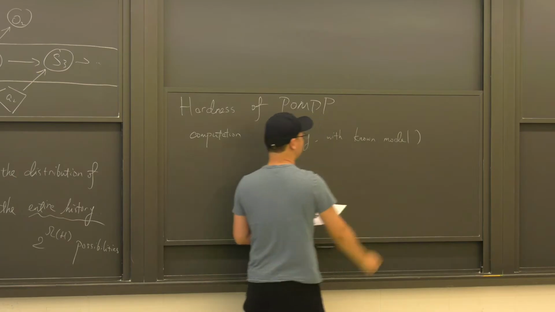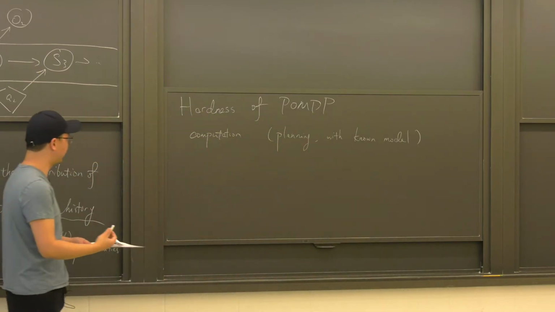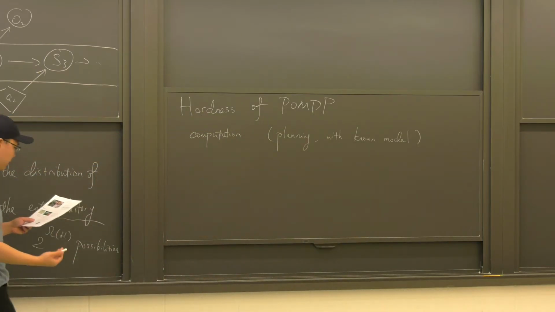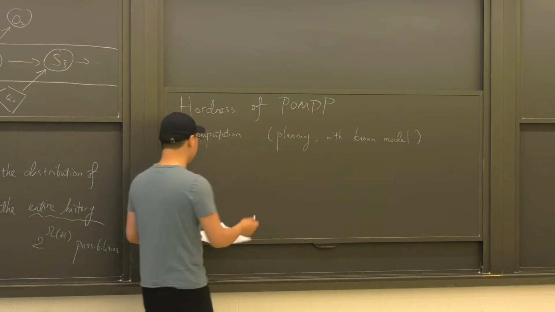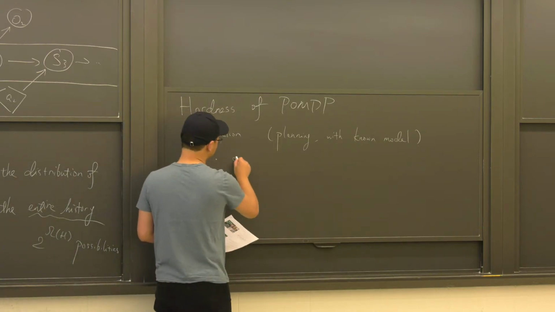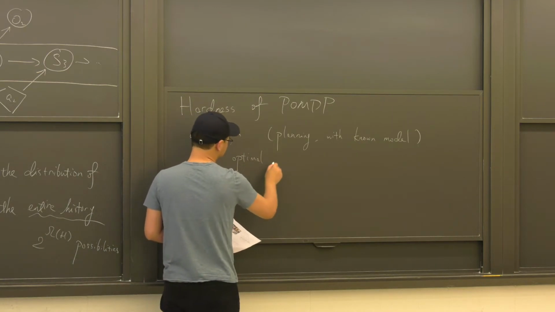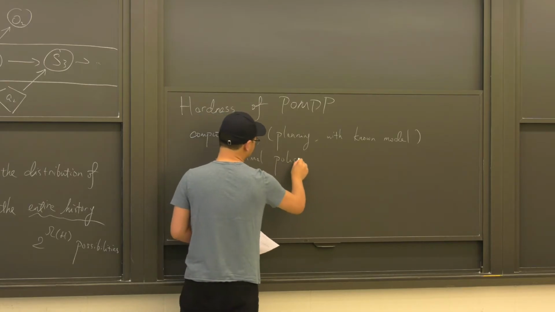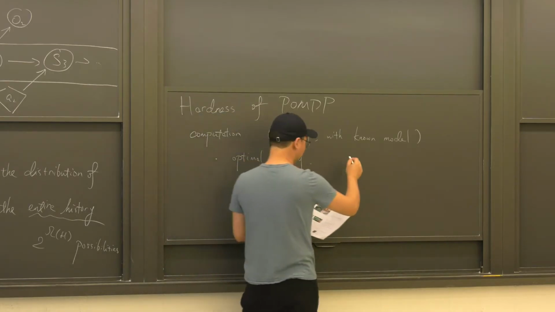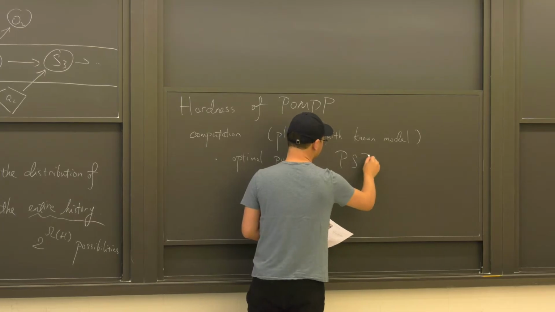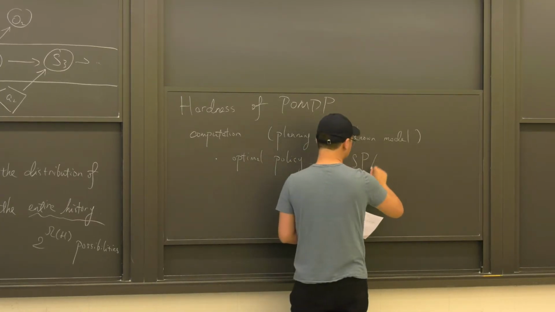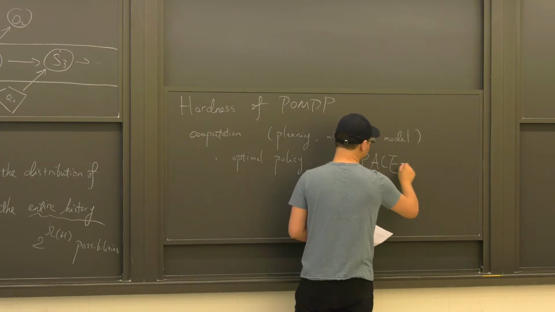This is about finding a policy even if we already know the transition and the emission of the POMDP. If we want to find the optimal history-dependent policy, it is PSPACE-complete, which is even harder than NP-hard.